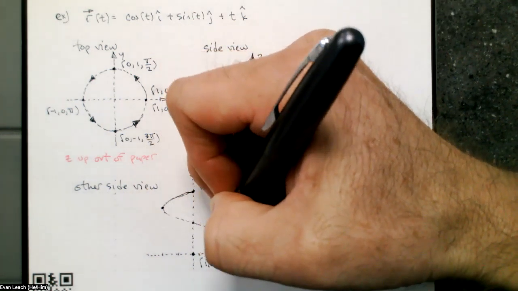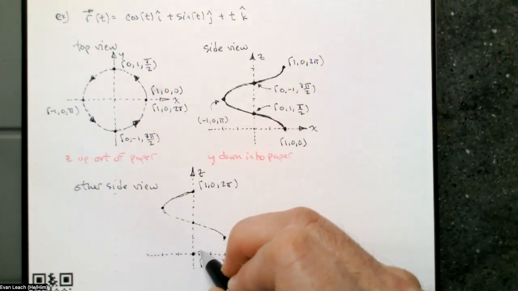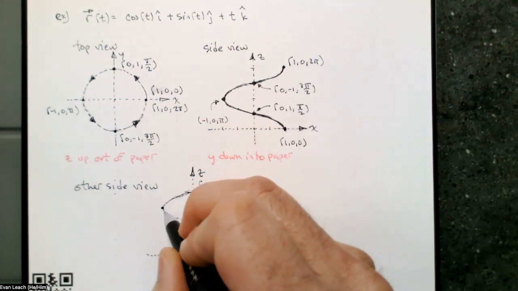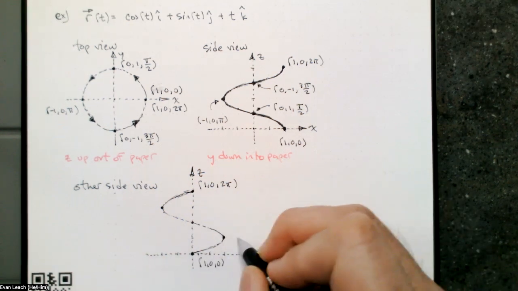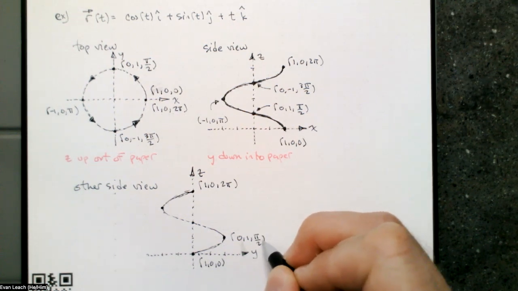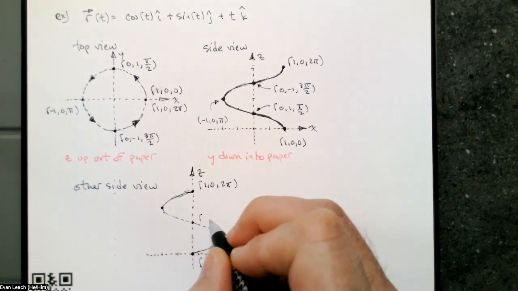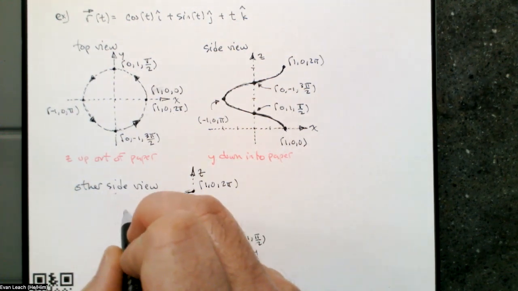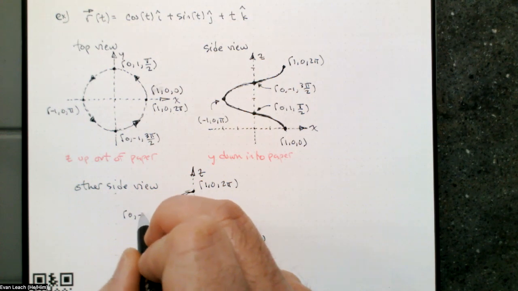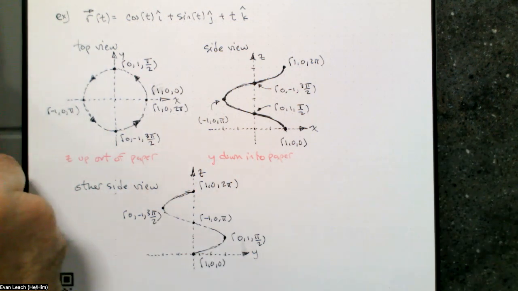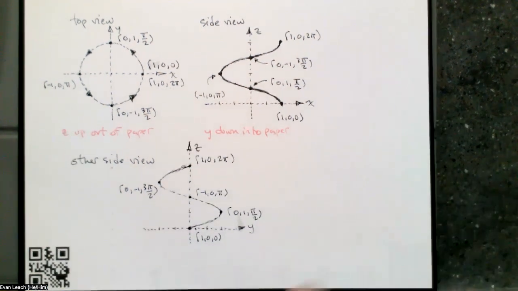And we're going to get some practice drawing some sideways sinusoids. So in this third view, x is coming out of the paper.